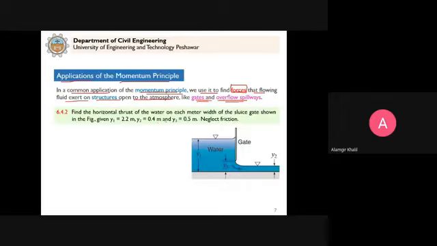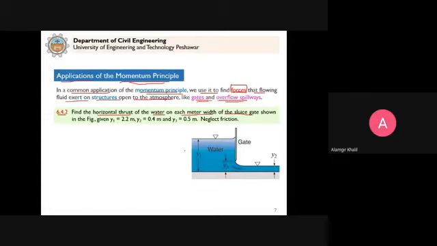So let us solve an example to see the application of the momentum principle. Now here we consider a gate structure, which you can see raises the water level, and under the gate the water is allowed to flow. This is from our textbook: find the horizontal thrust of water on each meter width of the sluice gate, which is shown here.